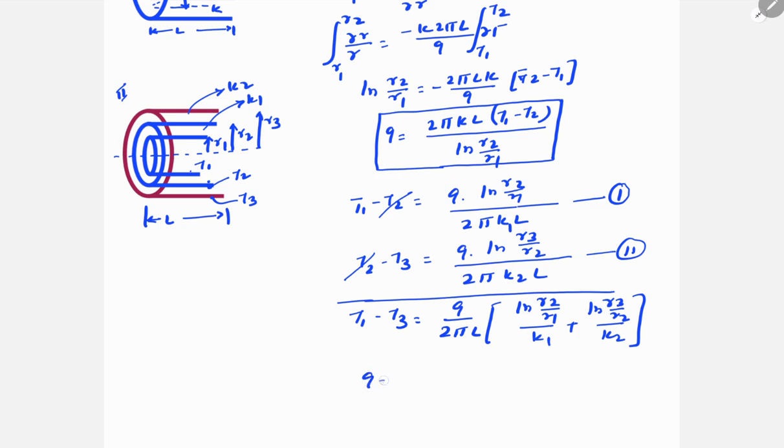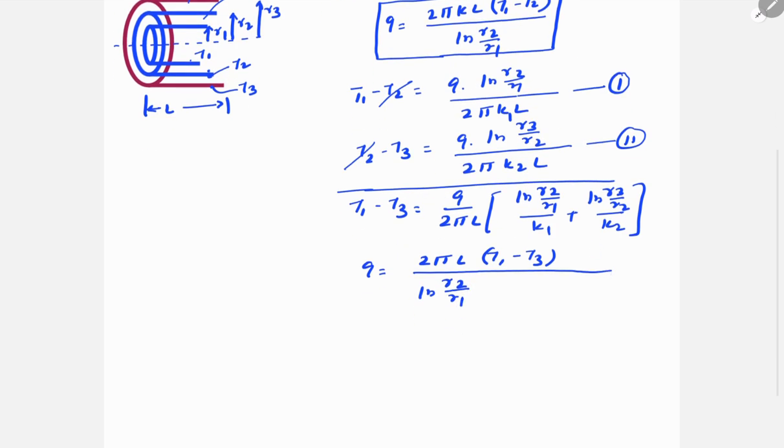So the final equation is Q is equal to 2 pi L into T1 minus T3 divided by ln R2 by R1 by K1 plus ln R3 by R2 by K2.